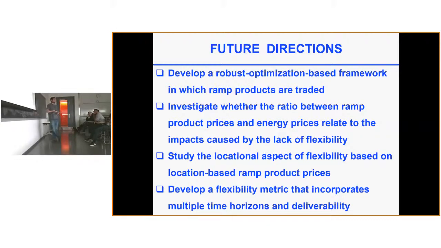So the increase in the curtailment, the increase in the volatility of the LMPs, and so on. And then if we're just going to be looking at prices in different times, in different time horizons, and in different places, this can all be incorporated in this flexibility metric. And that's it.